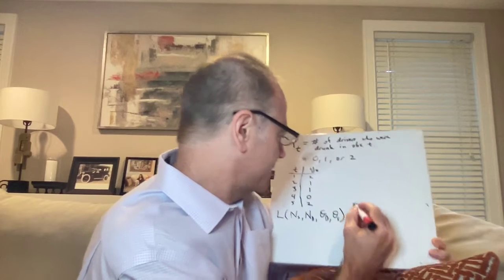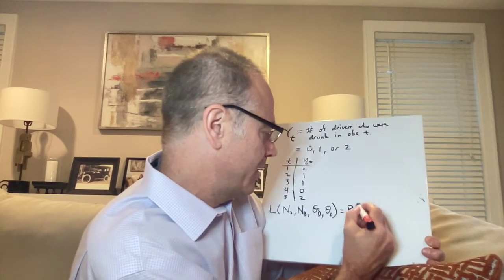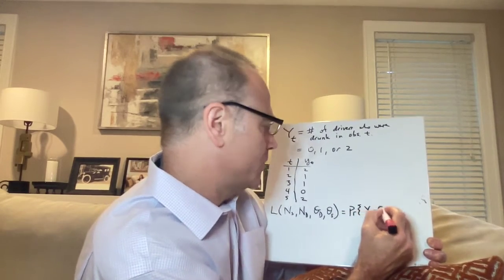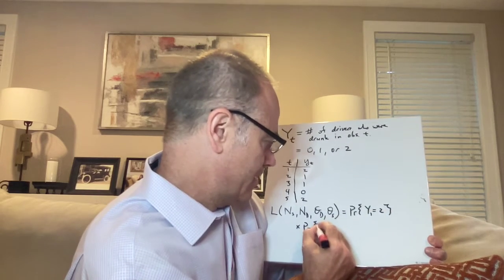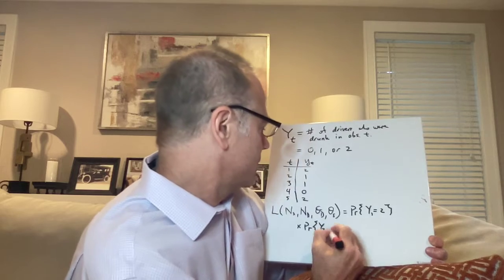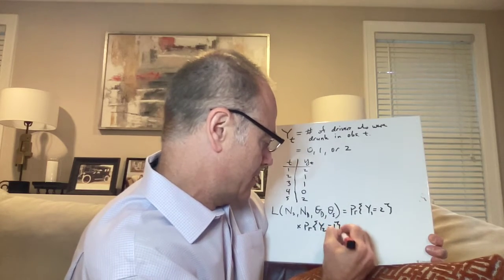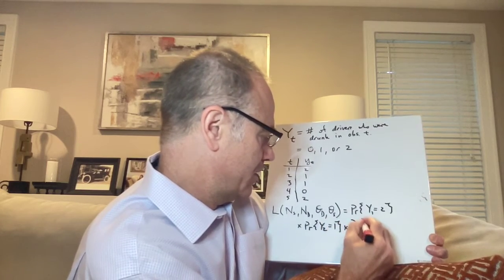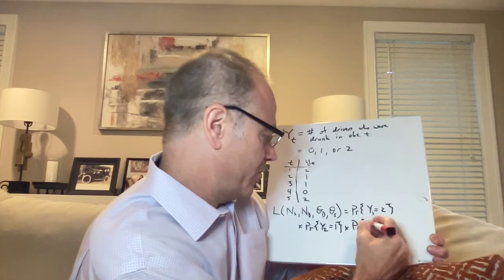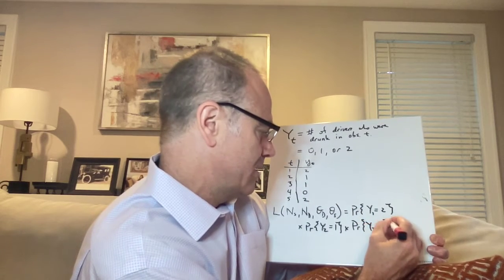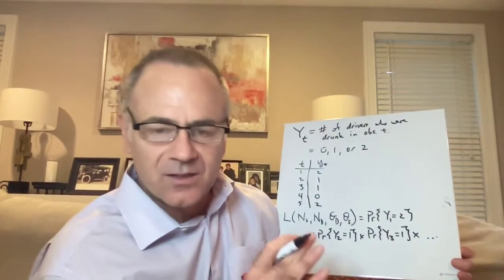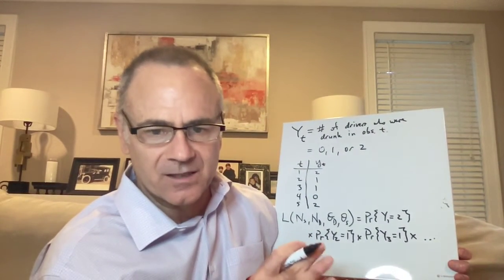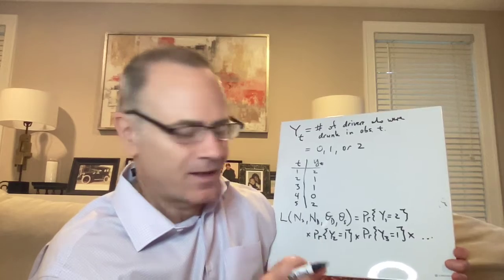And our likelihood function is just going to be something like probability y1 equals 2 times probability y2 equals 1 times probability y3 equals 1 times dot, dot, dot. So that's what our likelihood function is going to look like.